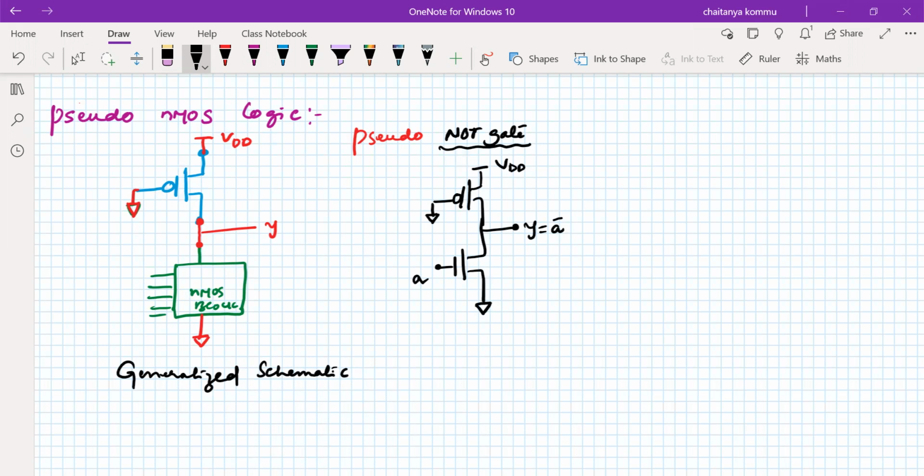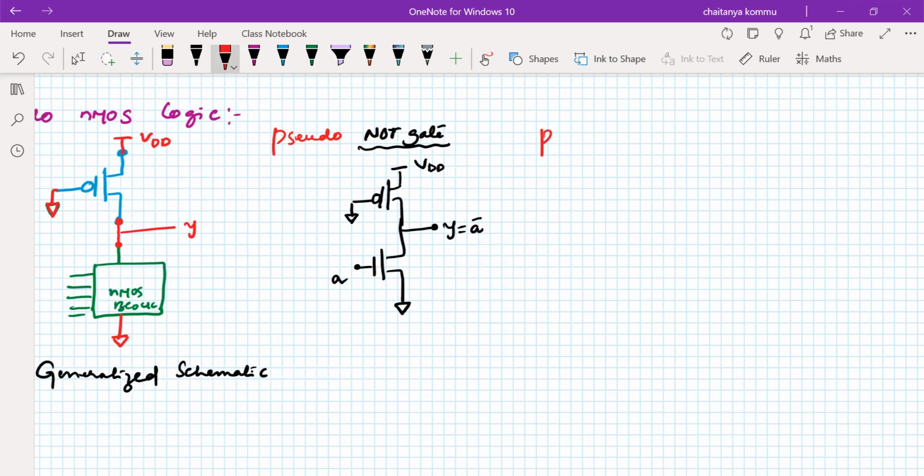Like this, for example, if you consider a pseudo-NAND gate, what I have to do is consider a PMOS transistor, which must be always on, and two NMOS transistors, something like this.